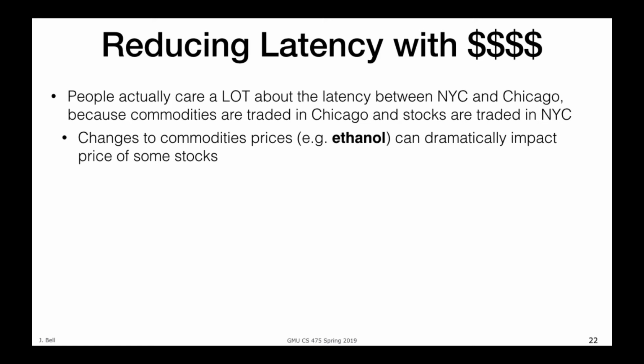So if I see in Chicago that ethanol is becoming cheaper, then maybe I would like to very quickly, before someone in New York finds out, buy and sell some stocks that have to do with ethanol so that I can then profit off of that. All right, so we want to cut down this latency here.